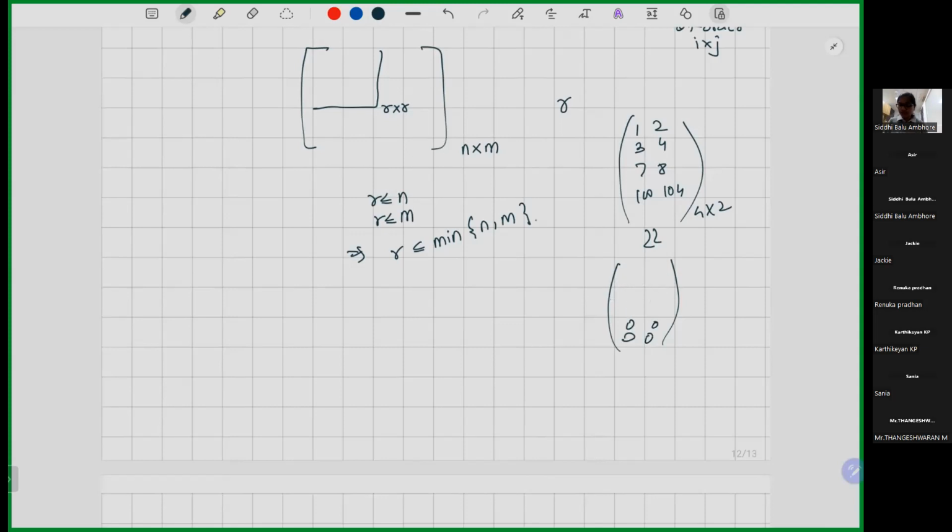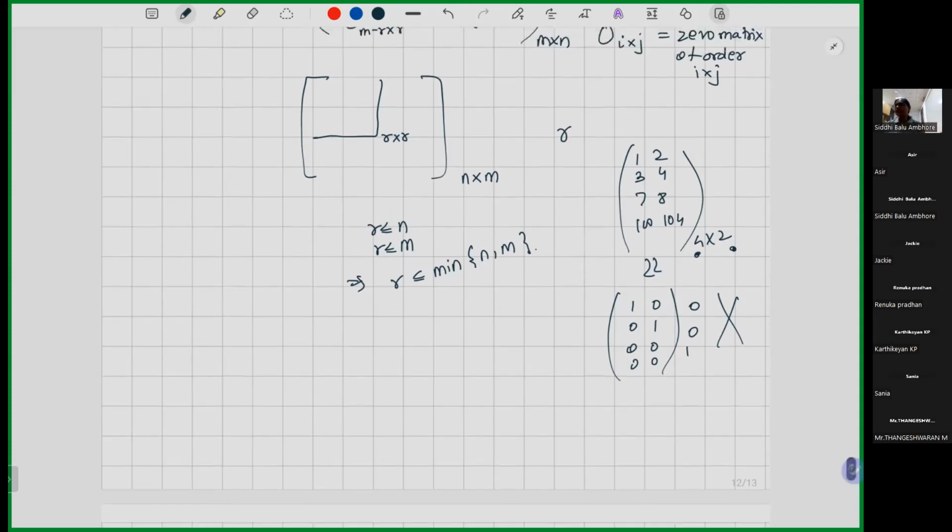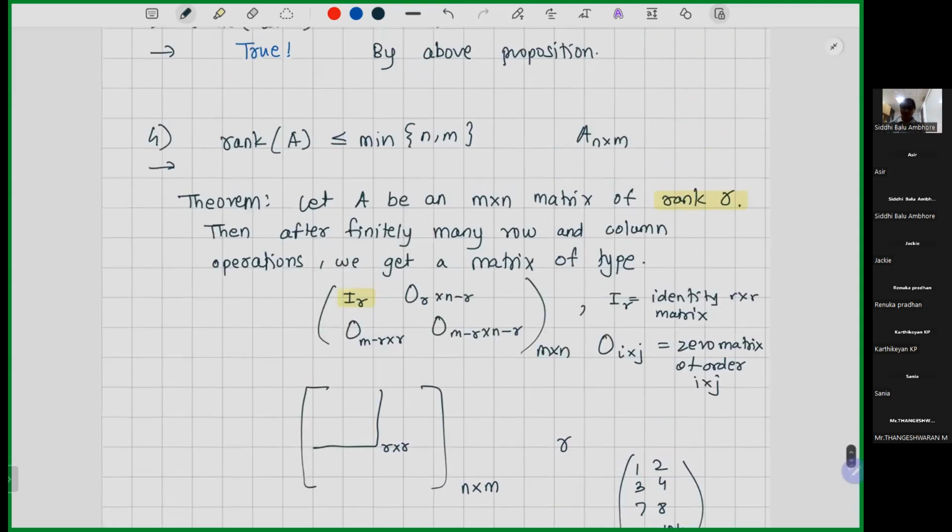If it has rank 2, then it will be of this form, right? But it can never have rank 3, because then I can't have such kind of stuff here. This is absurd. So this R must be less than or equal to both M and N. Can you understand this? Is there any doubt here, why this is happening, or is it very obvious from this statement?